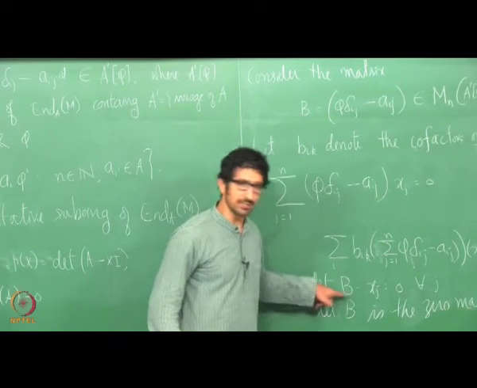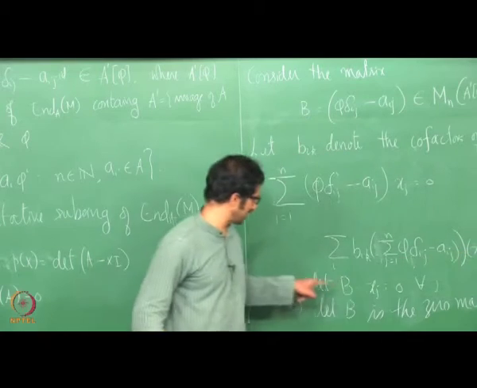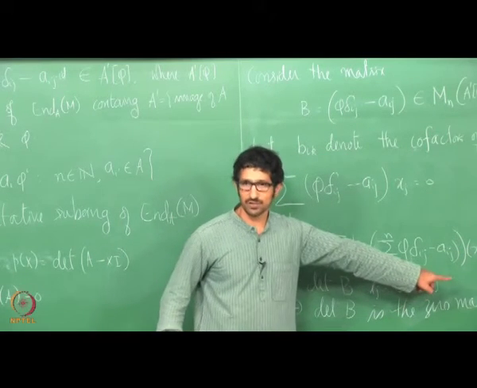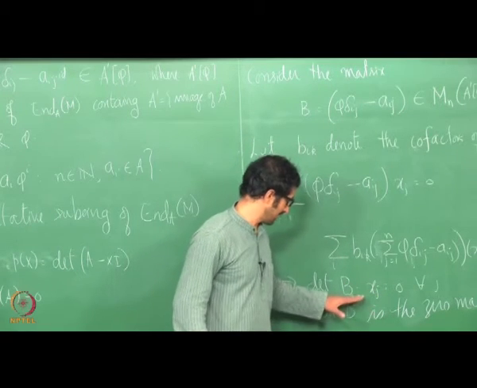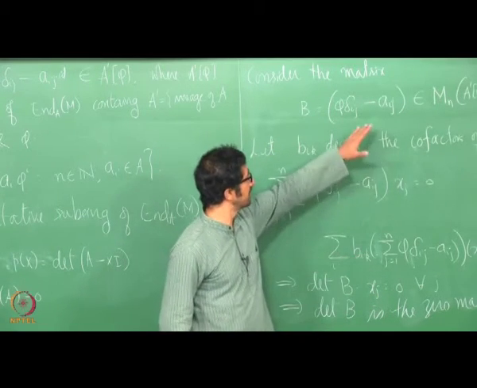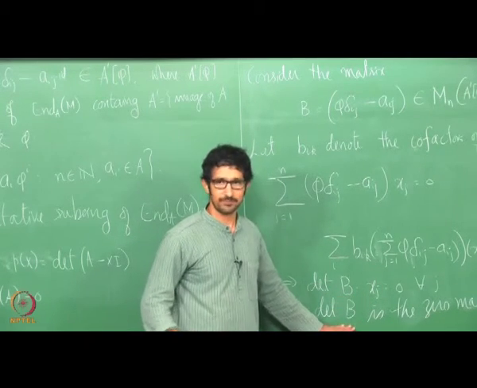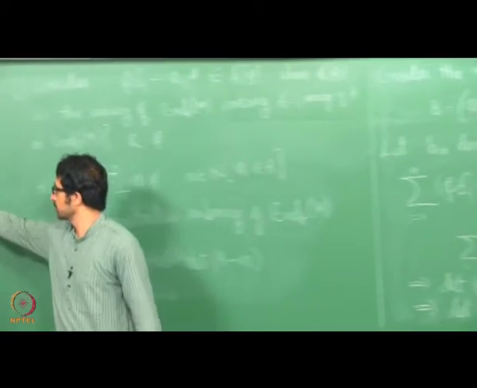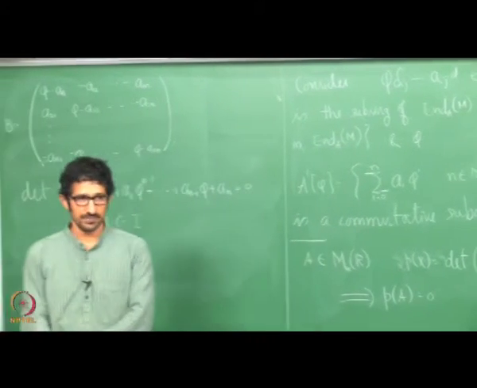What you get is the determinant. And this applied on x_j is 0 for all j. That is precisely, as a map from M to M, it is 0, and the determinant of B, once you express it in this form, gives the required form. Okay.